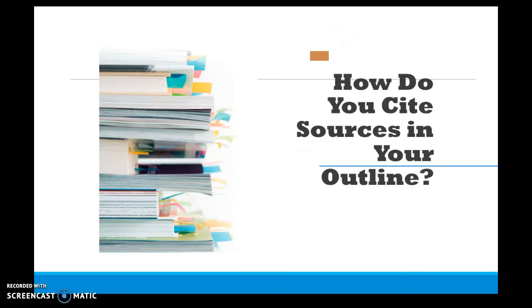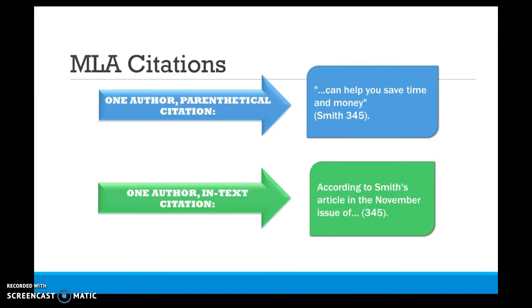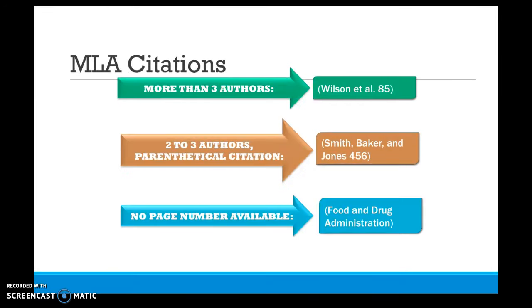Finally, how do you cite the sources in your outline? I'm going to go through this rather quickly, but again, you can pause any of this information. MLA citations, like I said, I'm just going to give you examples of MLA citations. So just go through these slides and again, pause them to see how you would want to put these into your own presentation.